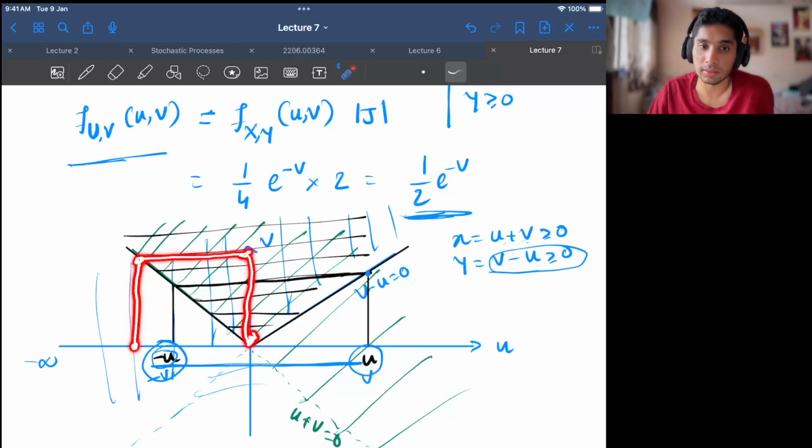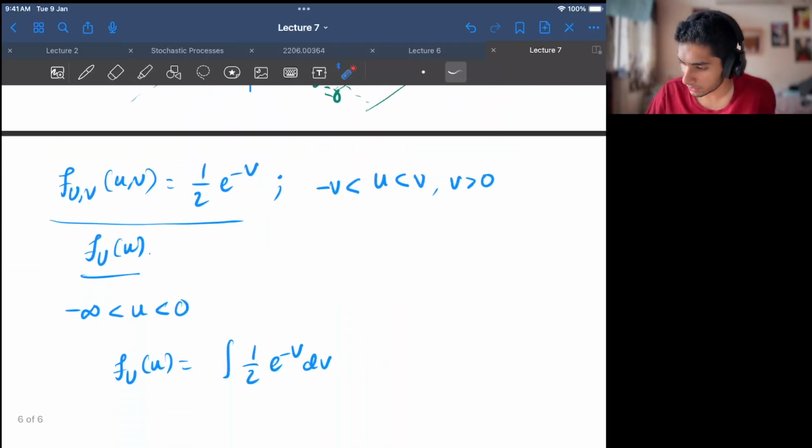Is this correct? Let me think about it. If u is between minus infinity and 0, what is the value of v? Yeah, so it's fine.